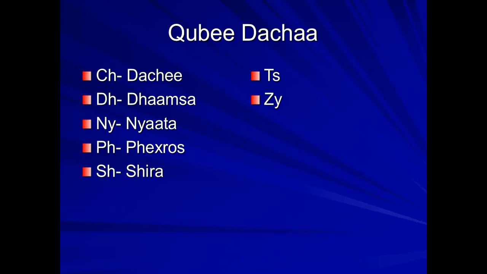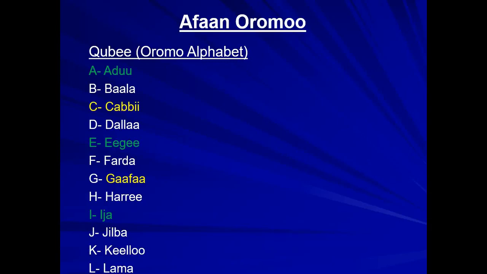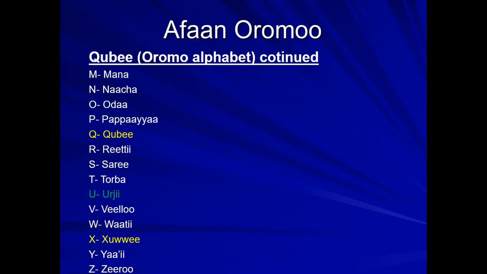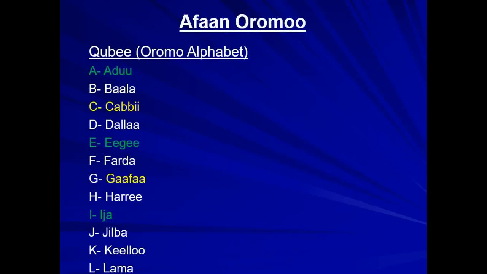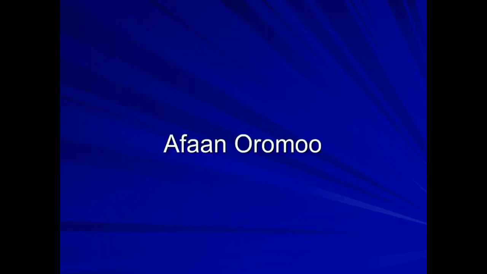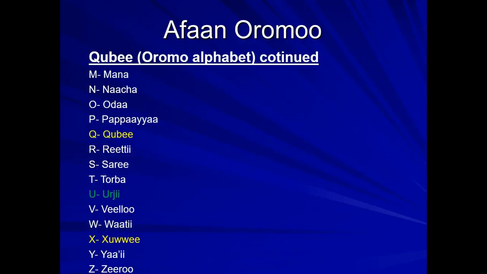If you go back, there are a few changes we are going to summarize for you. Look at the vowels a, e, and u, and in the consonants there is cha, ga, ka and ta.